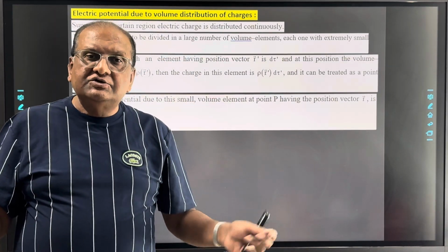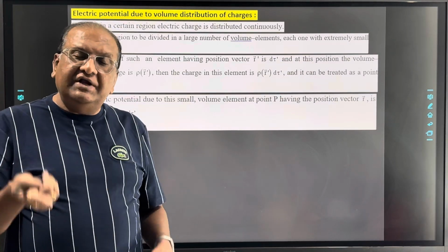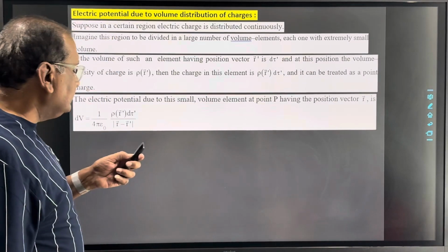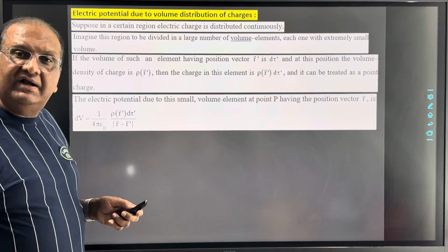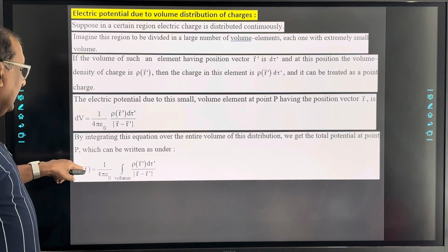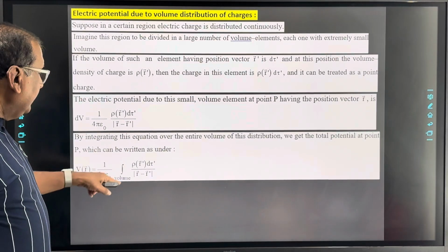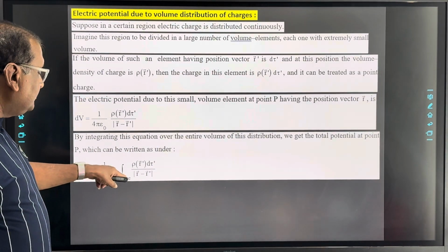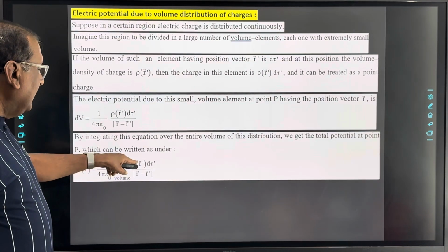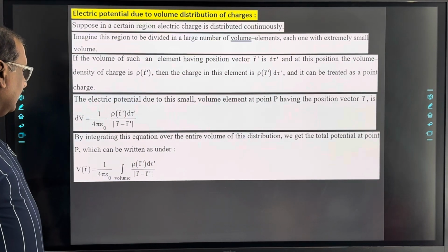So we can calculate this total potential with the help of integration of this equation over the given volume. So potential at a point having position r is 1 upon 4 pi epsilon 0, integration over the entire volume distribution rho at r dash d tau dash upon magnitude r minus r dash.